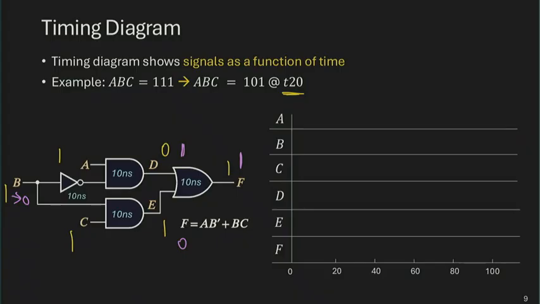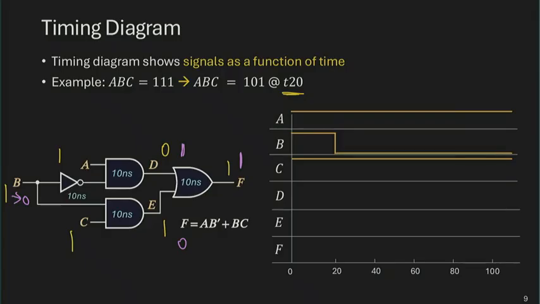So A is always 1. C is always 1. B is 1 until time 20, and then becomes a 0. Those are my input curves. All right.